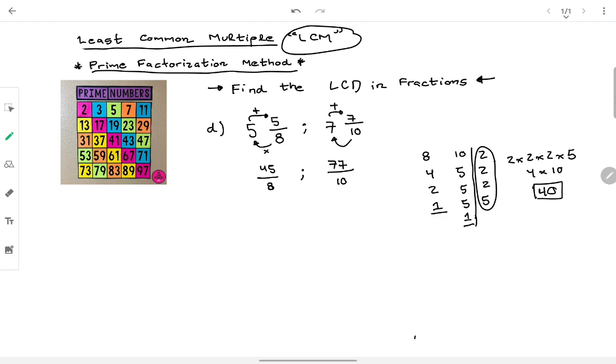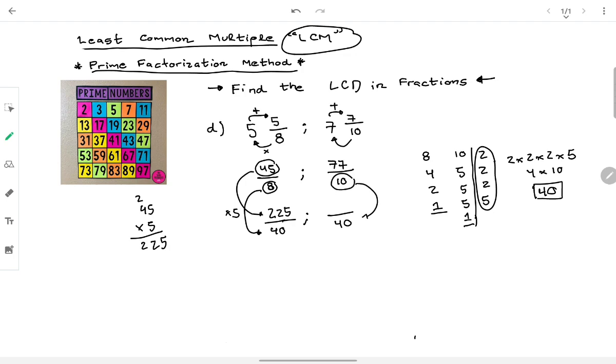So we need to convert these fractions to 40 to find the fractions with the same denominator. So 8 gets multiplied by 5 in order to get 40. So 45 needs to get multiplied by 5. So we will get 225 40s, and 10 is multiplied by 4 to get the 40.